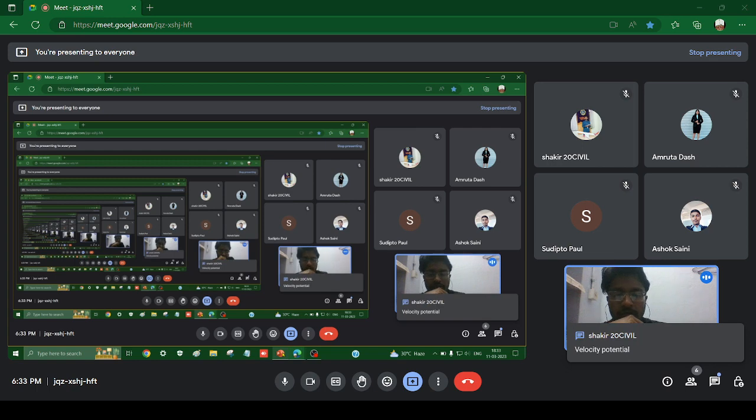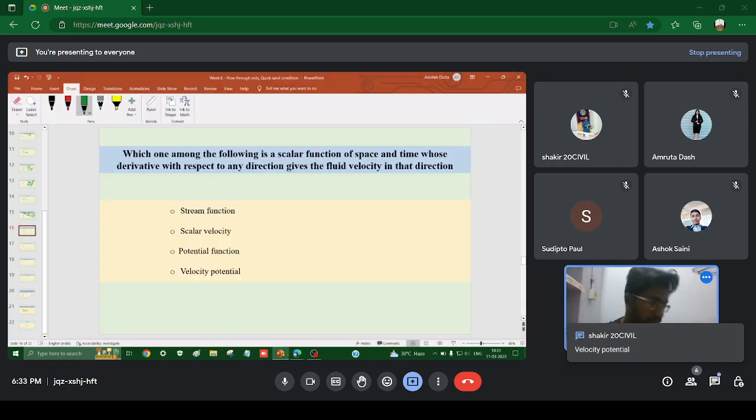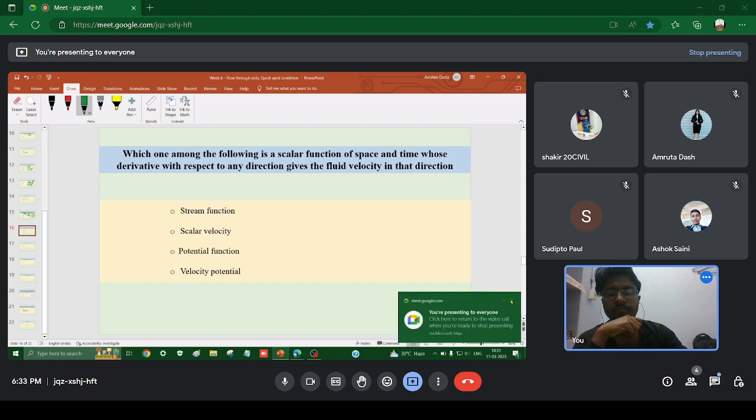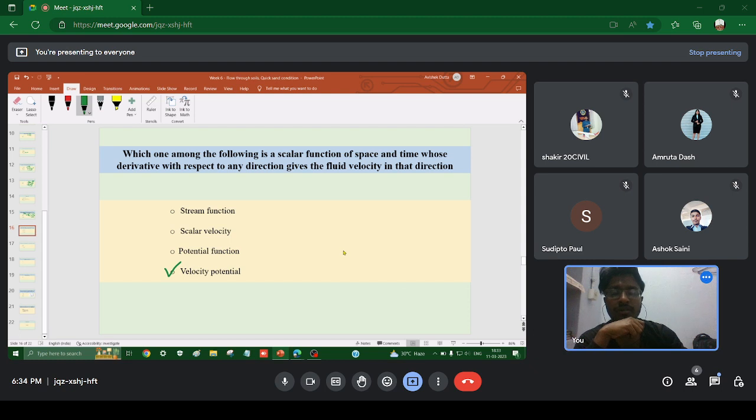Velocity potential. Velocity potential phi is equal to kh.